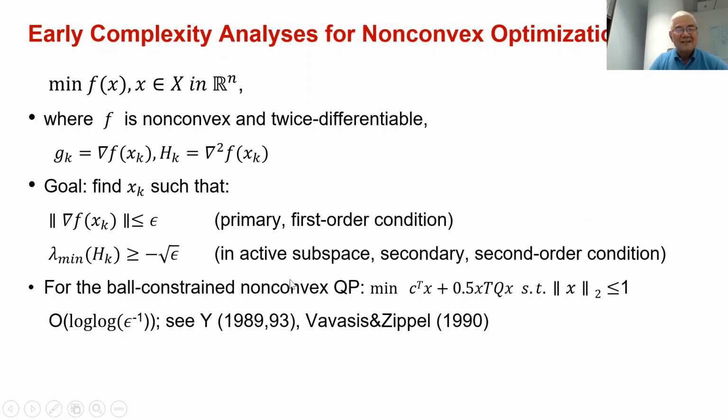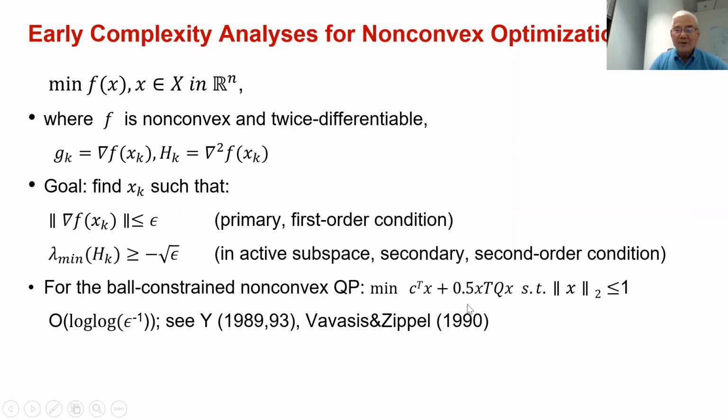One is non-convex QP, which means the Hessian is fixed: minimize a quadratic function, where this T should be a transpose, subject to the norm of x less than or equal to 1. If there were no linear term, this is actually an eigenvalue problem.